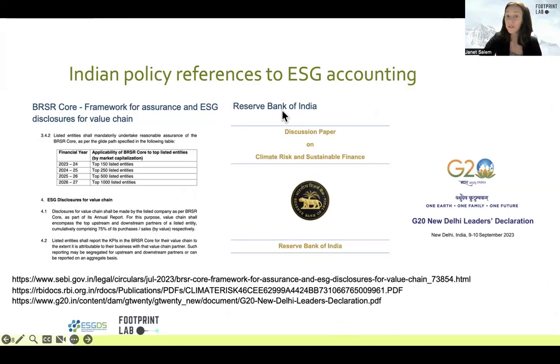And at the time, the Reserve Bank of India was quite active on talking about climate risk and sustainable finance. And there was mention of even introducing a carbon price here. And just last year, a few months ago, India led the G20, and in the outcome document, which is called the Leaders' Declaration, they actually specifically mentioned carbon accounting and the need to adopt internationally compliant methods of carbon accounting.